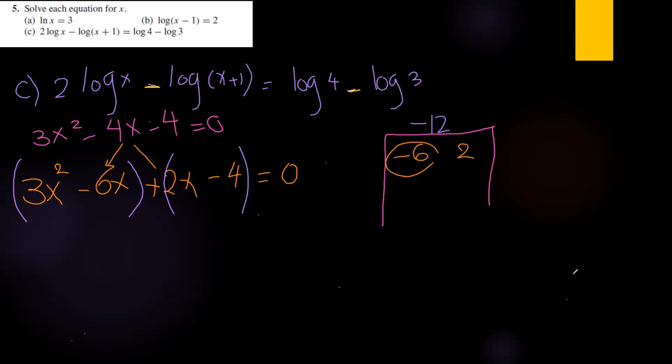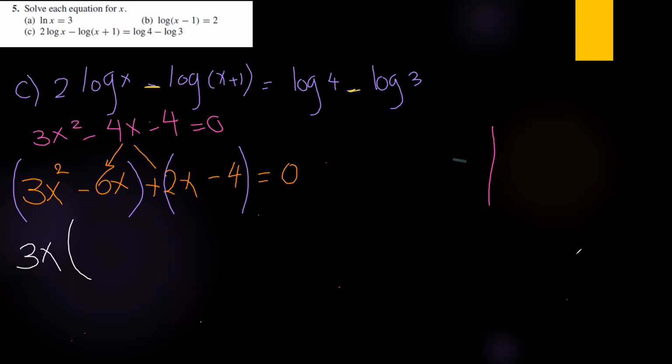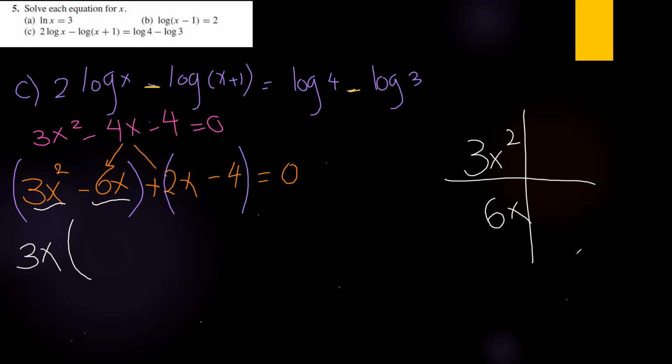Then take the common factor of the first bracket, which is 3x. If we have 3x squared, I'll remind you now, we talked about this in grade 8. Here we have 3x squared and 6x. Now factorize them.